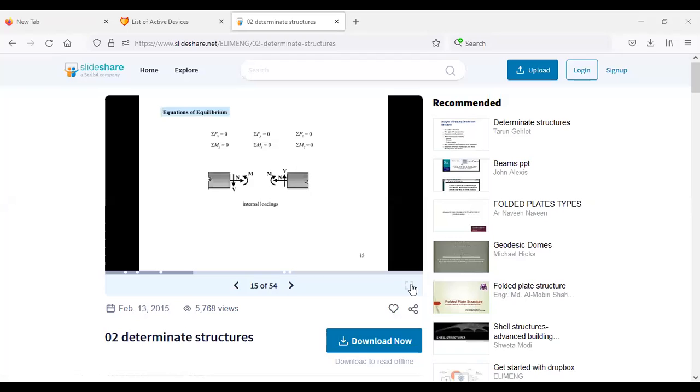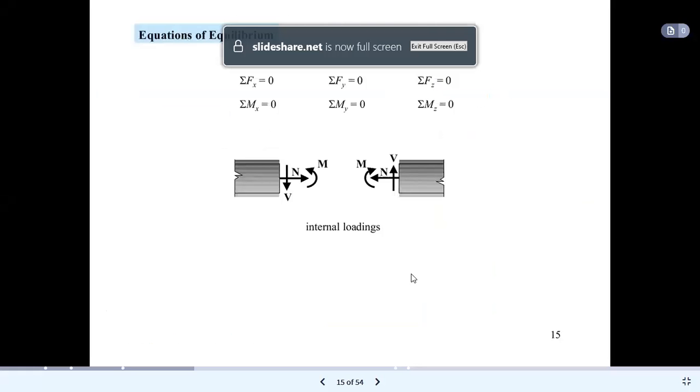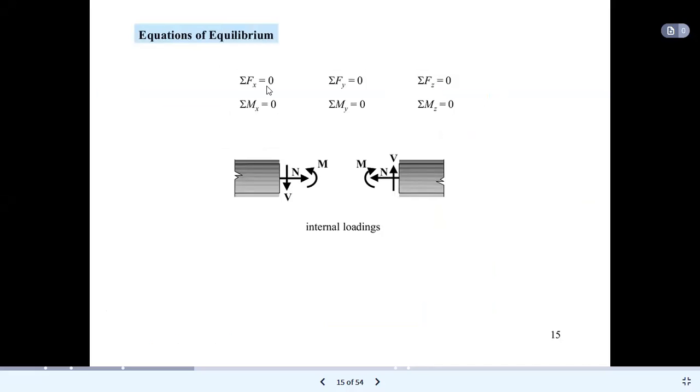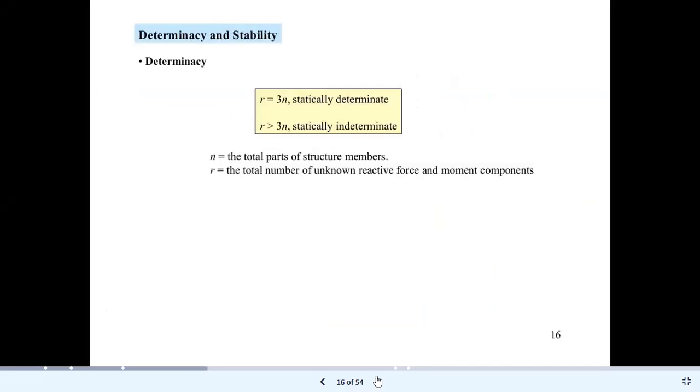We have discussed it theoretically. To calculate the stability of the structure, if we have to solve these equations, we should have a number of equations that can be used to see the stability of the structure. These are the equations of equilibrium that we have already discussed in the previous classes, right?